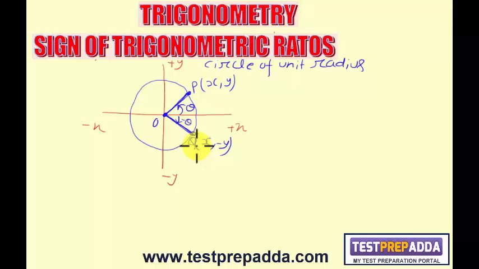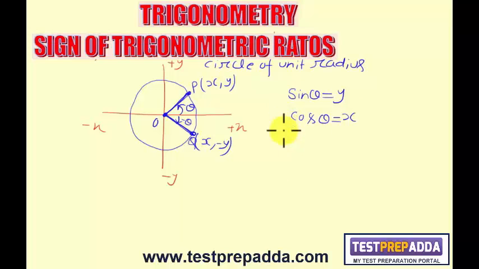Okay, now as you know, sine theta will be equal to the y coordinate if the circle is of unit radius, and cos theta will be the x coordinate.